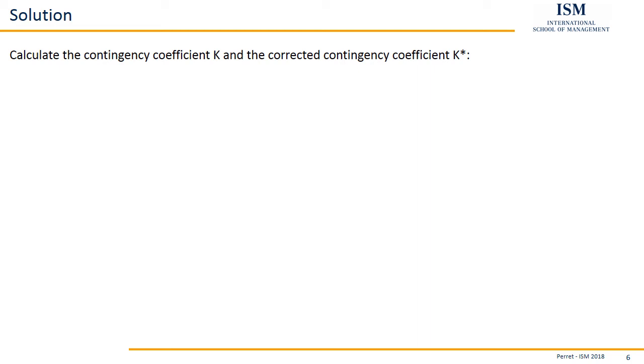First off, we need to correct it for the number of observations we have, going back to the fact that if we have more observations, there is more potential for the expected numbers and the actual numbers to diverge.